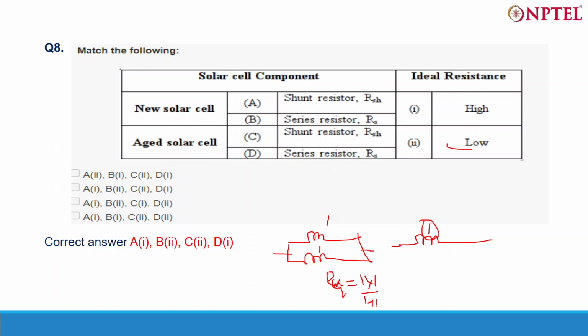Okay, so basically it is 0.5. And in series we have a single resistance, so we have 1 ohm.